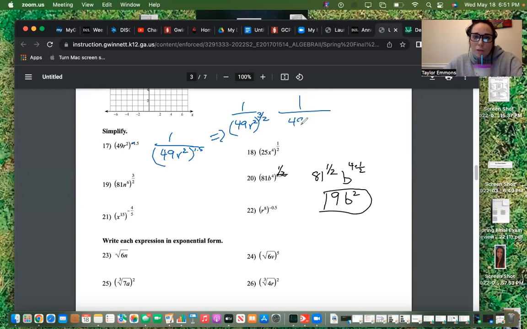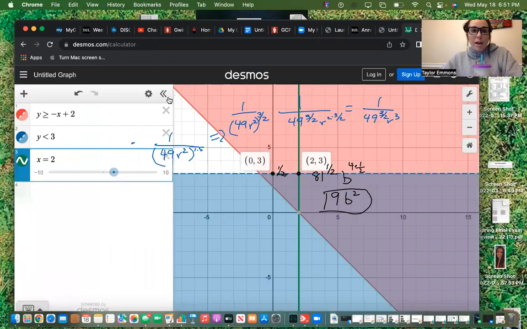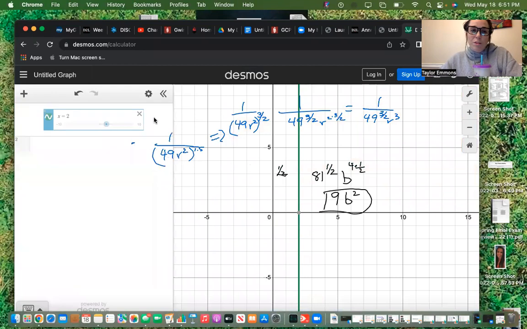So 49 raised to the 3/2, and r to the 2nd power multiplied by 3/2. When we multiply 2 times 3/2, that's just going to give us 3. So I'm going to rewrite this: 1 divided by 49 raised to the 3/2, r to the 3rd. When we take 49 and raise it to the 3/2 power, I don't remember this one off the top of my head.